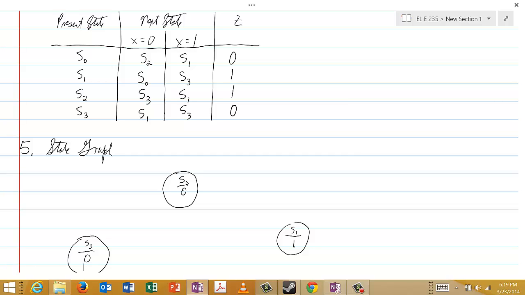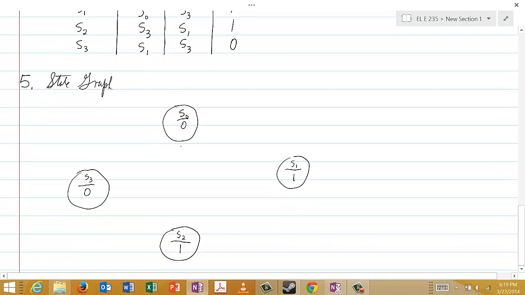So now to finish our state graph, what we have to do is use arrows to indicate the transitions that will occur from one state to another depending on the various inputs that we might have. So if we look up here at our state table, it tells us that if we are initially in state S0 and x is equal to 0, we'll go to state S2.